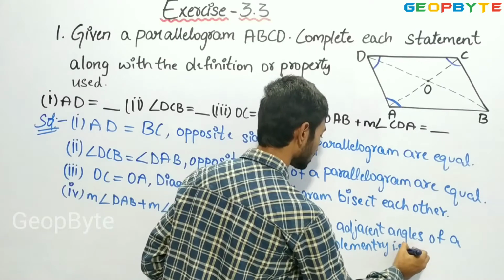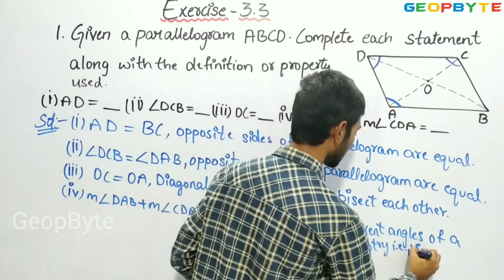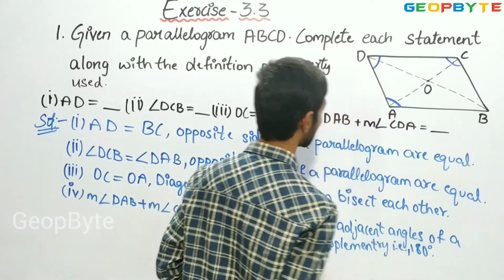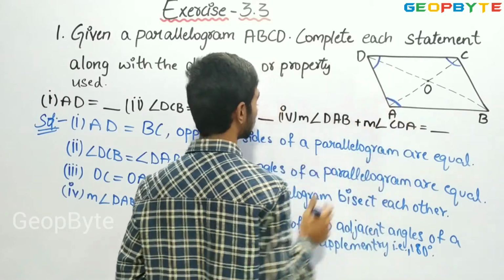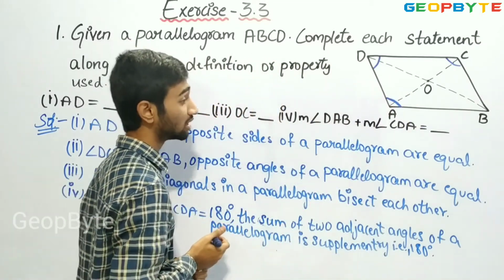That is 180 degrees. So therefore adjacent angles of the parallelogram add up to 180.